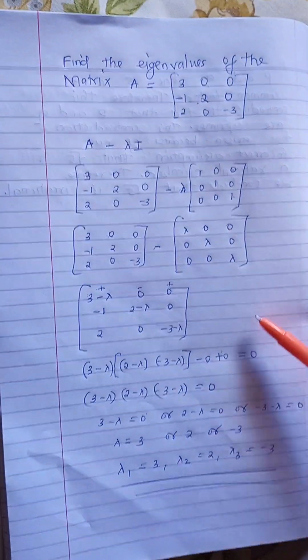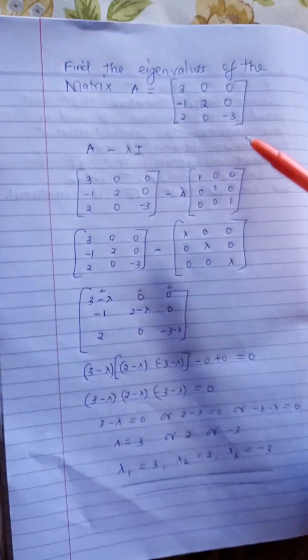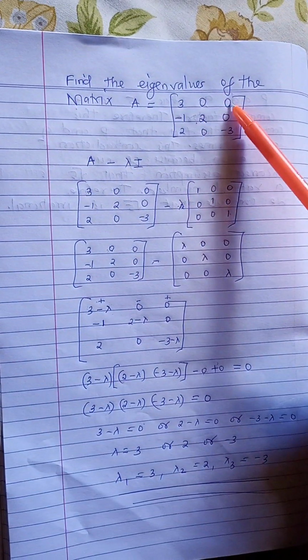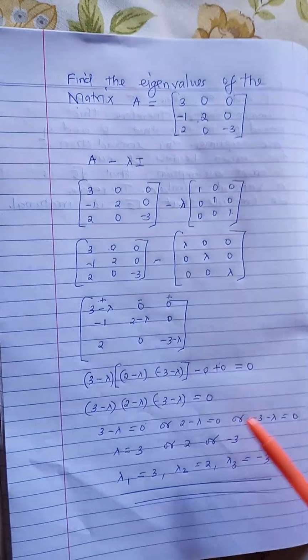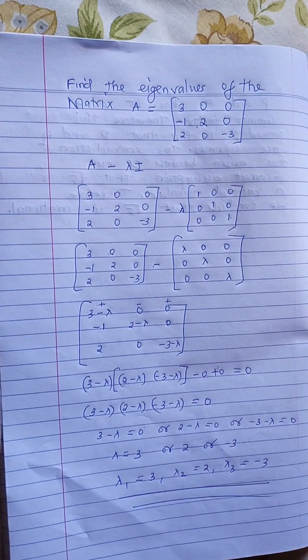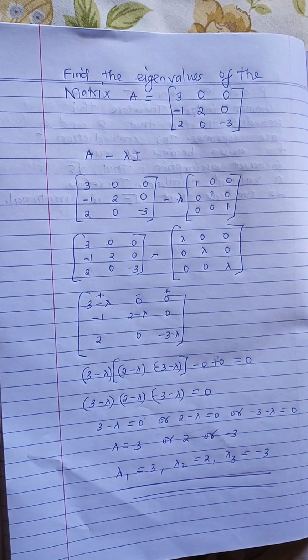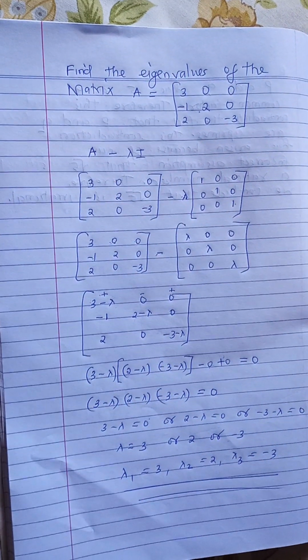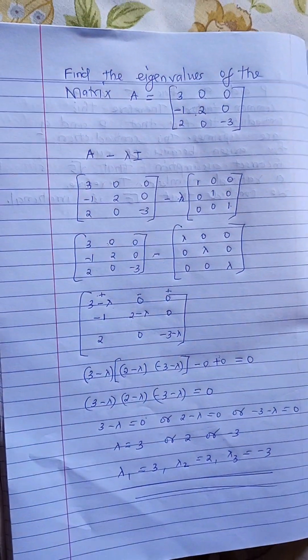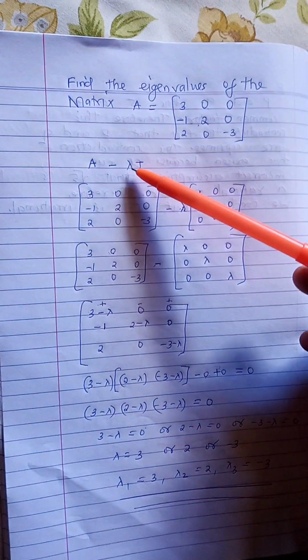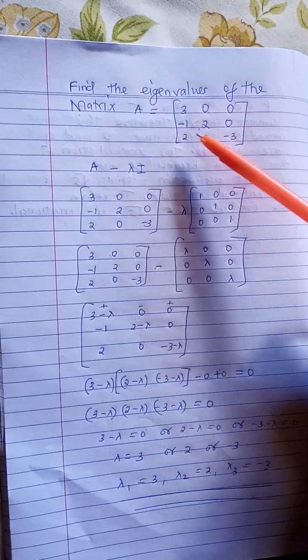This is a 3 by 3 matrix, but as you can see, it is very simple, since we have 0 here, 0 here, 0 here. That is why it is not so long. But in finding the eigenvalues of a matrix of any order, you will have to subtract lambda I from the given matrix.